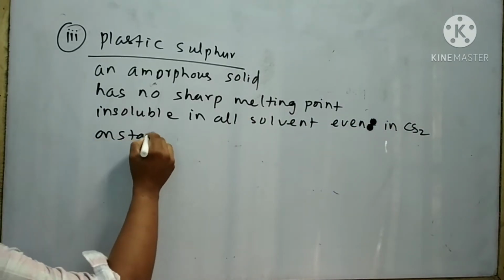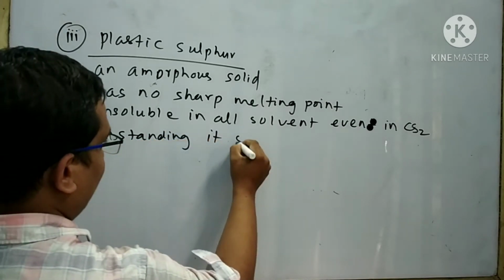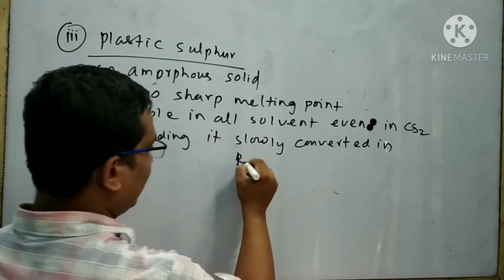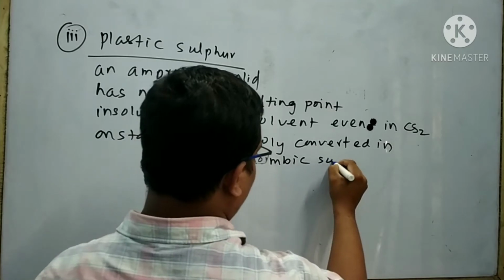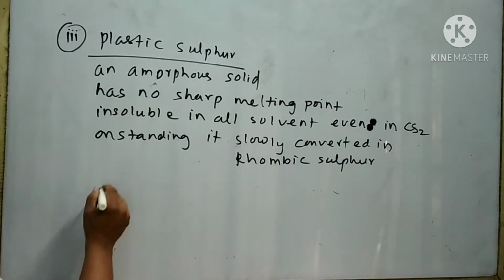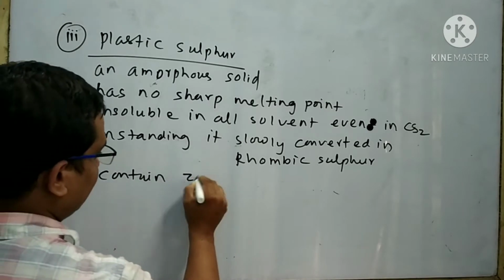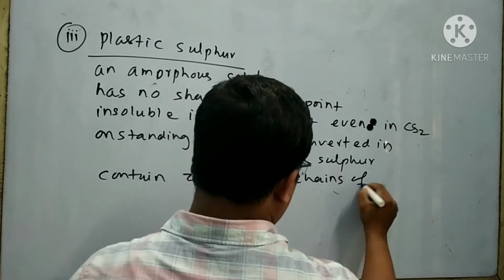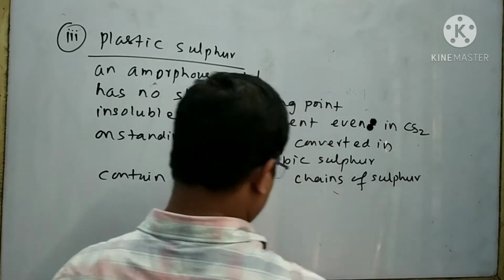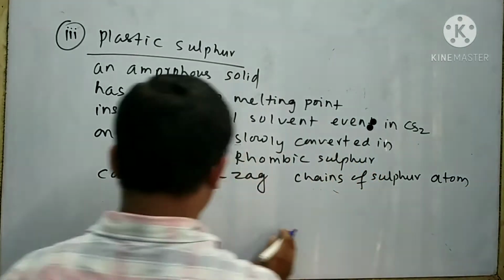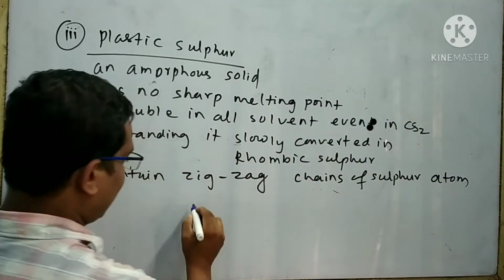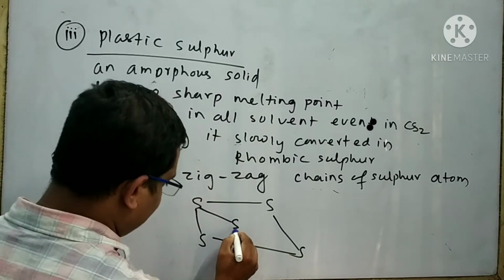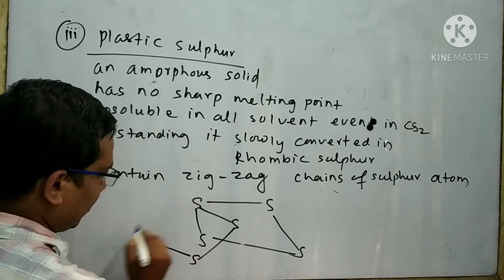On standing, it is slowly converted into rhombic sulfur. Plastic sulfur contains zigzag chains of sulfur atoms. The zigzag-like structure of plastic sulfur is drawn like this. This is the zigzag structure of plastic sulfur.